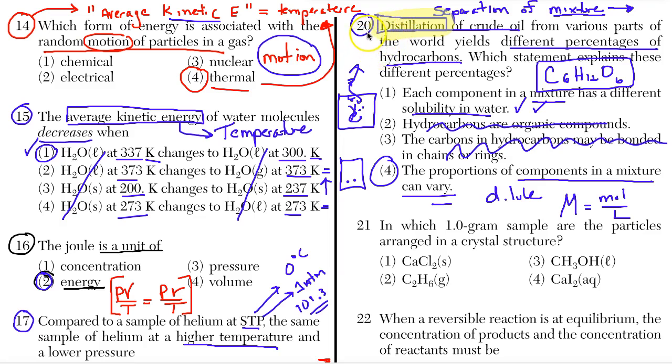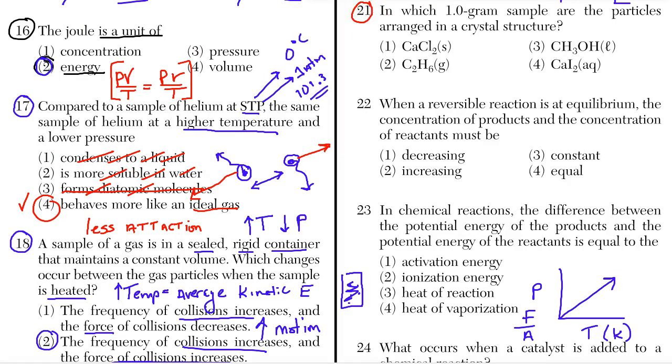Okay, that's what this question was about. Number 21. In which 1 gram sample are the particles arranged in a crystal structure? Hello, crystal. That means solid. All solids have a regular repeating geometric structure, and therefore that's why 1 is the answer.